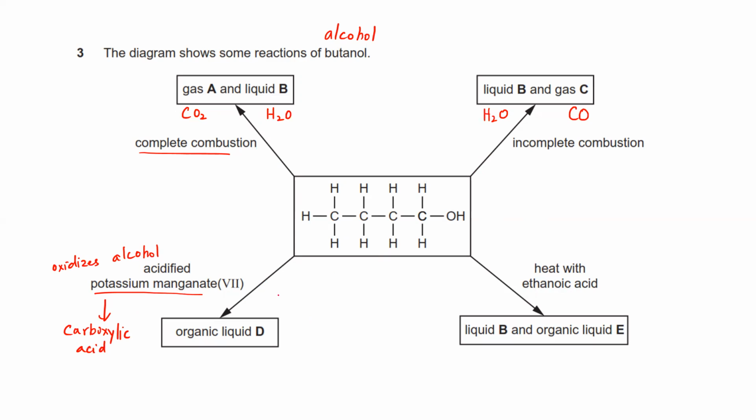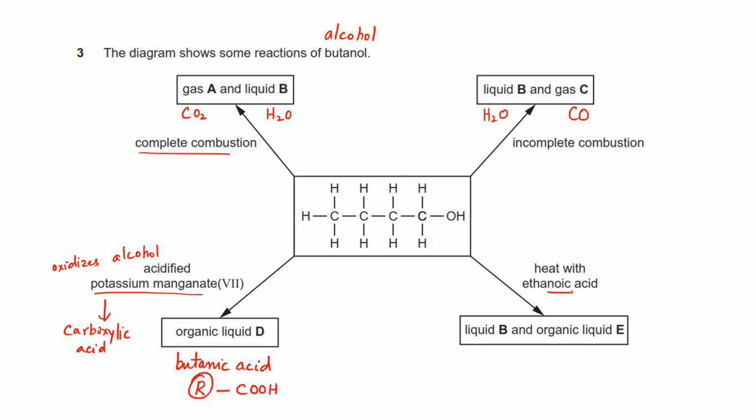So it's butanol. Butanol becomes butanoic acid. So it becomes COOH, and there is the R, or the butane. This whole C4H something, whatever there will be, it will be there.